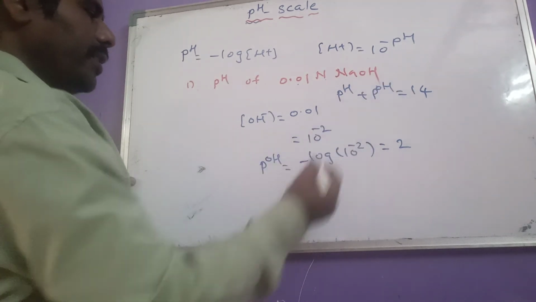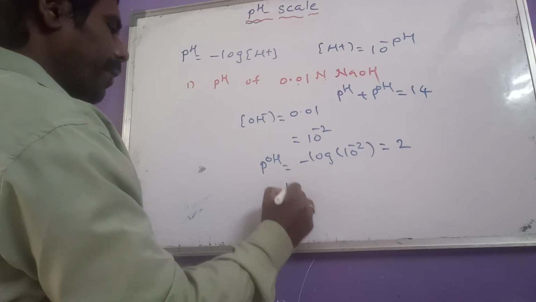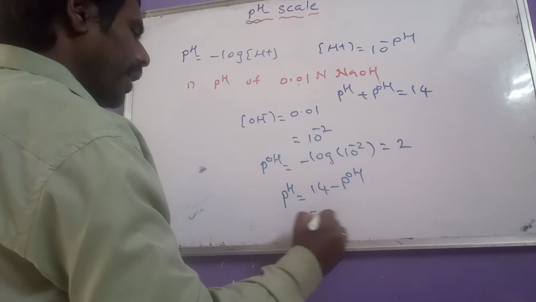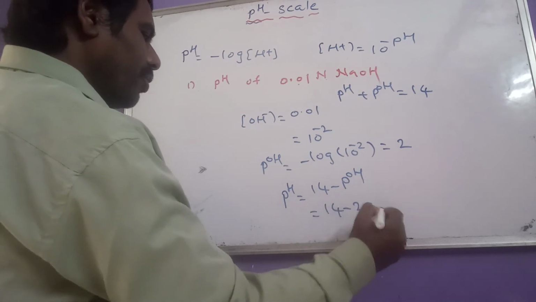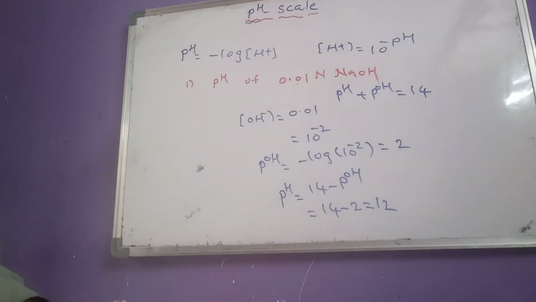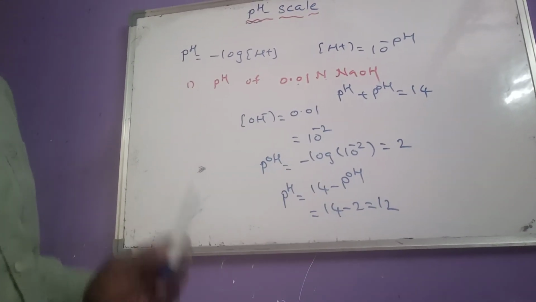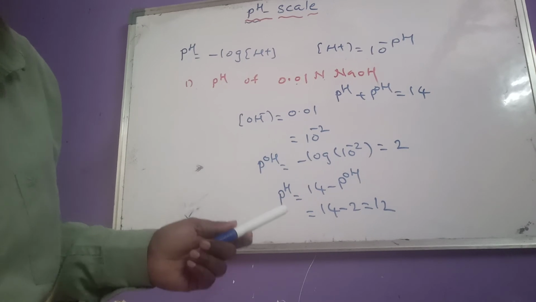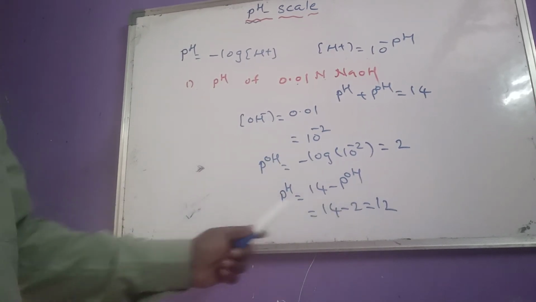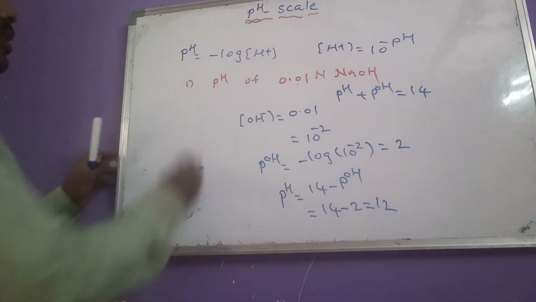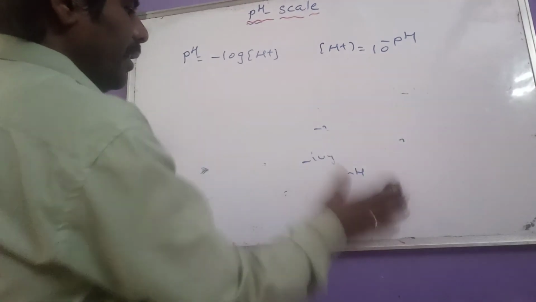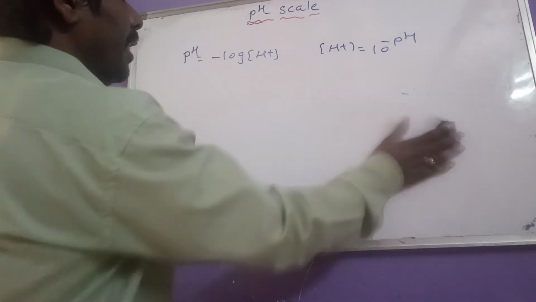Therefore, substitute in this expression: pH equals 14 minus pOH. So 14 minus 2. So what is the pH of this solution? 12. Like that, if a base is given, first let us calculate pOH, then 14 minus pOH, we get the pH value.